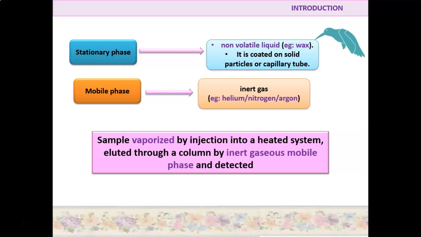So in terms of forensic application, blood and other body fluids we can analyze by using GC. The blood and also other drugs and toxins, we analyze by using GC after a suitable extraction process has been carried out. Of course, we need to extract the sample first, and then we analyze it by using gas chromatography.